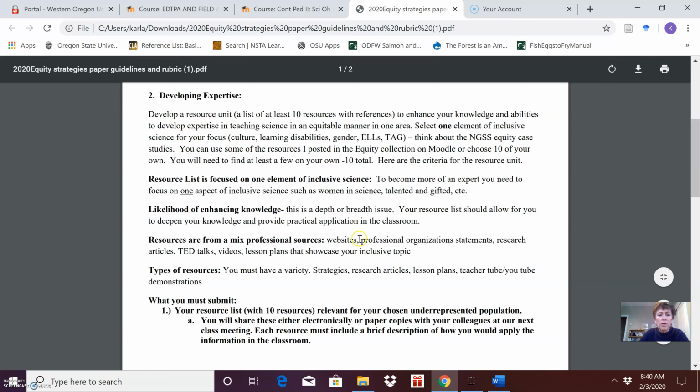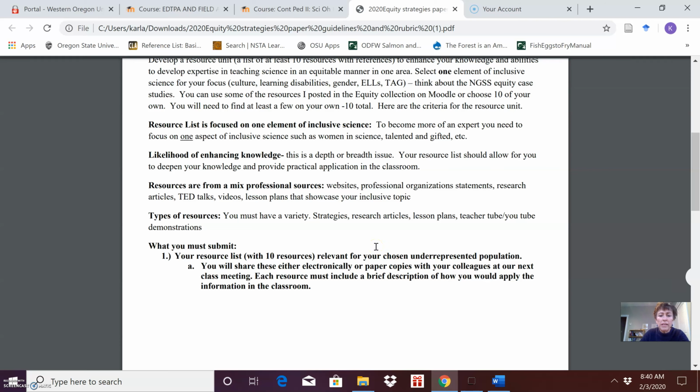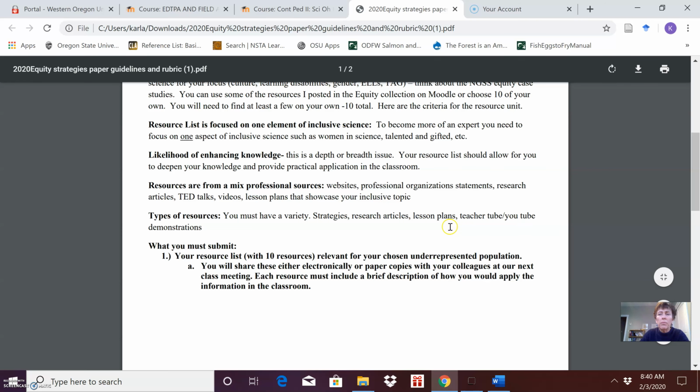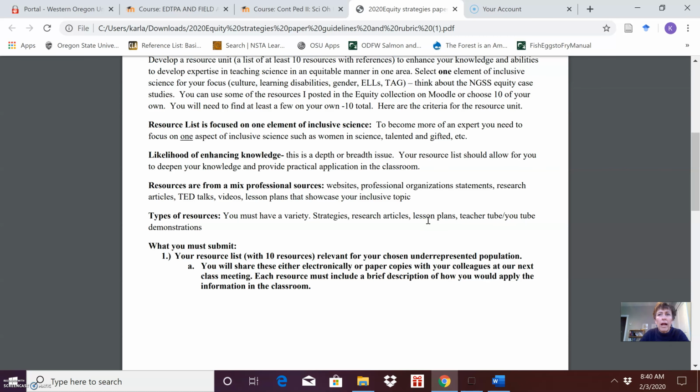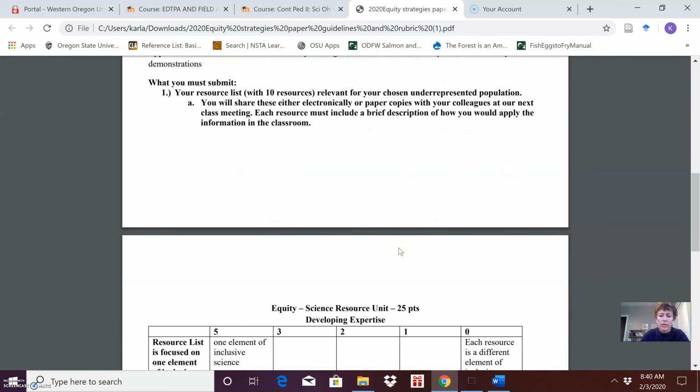You're going to want a variety of resources, not just articles, but maybe some websites, professional organization statements, TED Talks, videos, lesson plans, all things that will help you to develop a better understanding of how to differentiate and provide more equitable instruction to these populations. Your product is the list of 10 resources with a brief description of each of the resources that we will share during week 8.